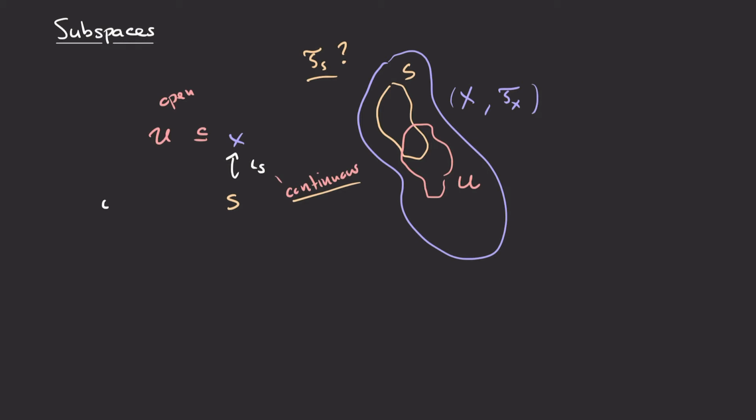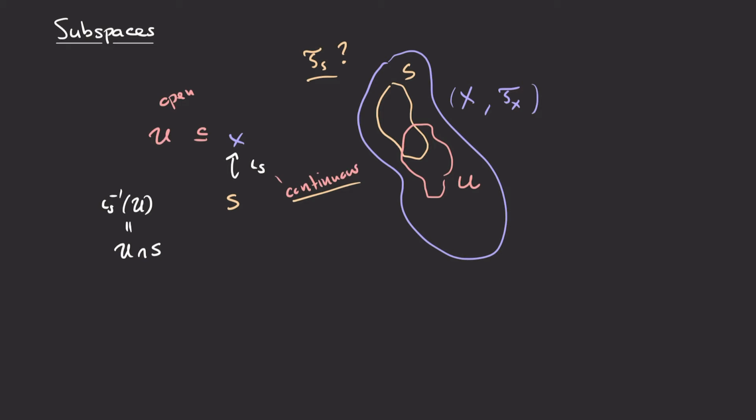So what we're going to consider is the pre-image under the inclusion of this subset U, and in fact, this is nothing but the intersection of U with S. This follows straight from the definition of pre-image.